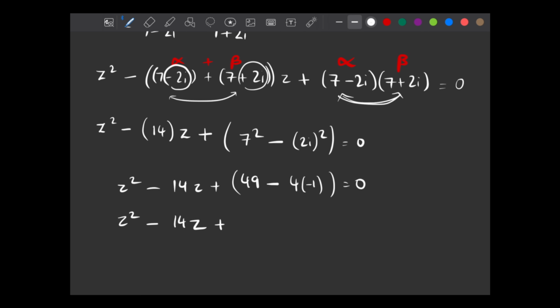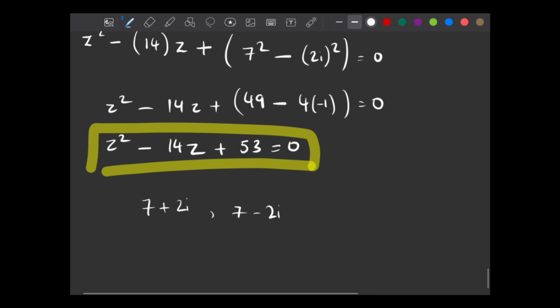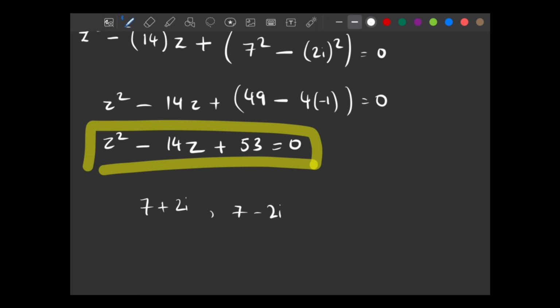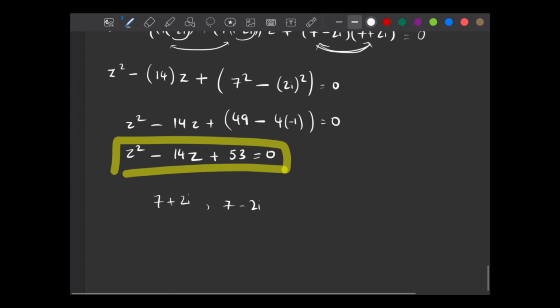So 49 minus negative 4, which is like adding 4, so we've got 53. So this is the quadratic, which has roots 7 plus 2i and 7 minus 2i. And you can verify this by going backwards and using the quadratic formula to work out these roots, but this is how, given just one of the roots, we can find what the quadratic equation was.